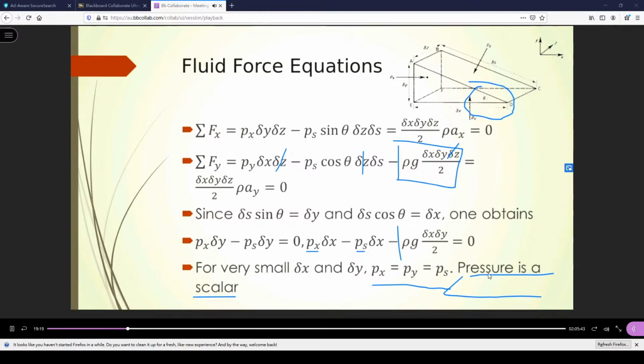Force equals pressure times area. Remember, area is a vector in mechanics, because area has a surface normal. So remember, pressure is a scalar. It's an important concept. Later on, we will use this to develop our hydrostatic equation.